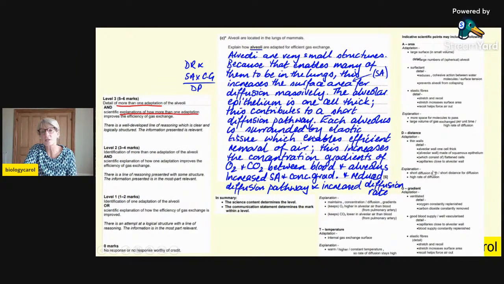Now, I thought it was very interesting because they talked about good blood supply here, and they talked about the fact that the alveolus was ventilated. I'm going to be really honest, to me, that is not an adaptation of the alveolus. I was absolutely thinking about structural adaptations. So yes, but anyway.